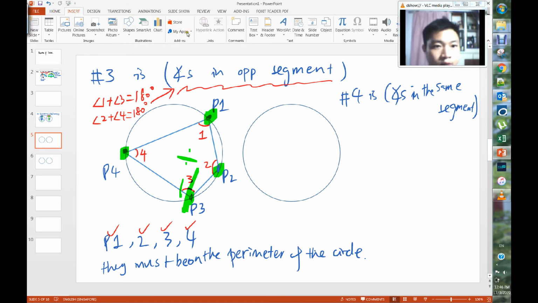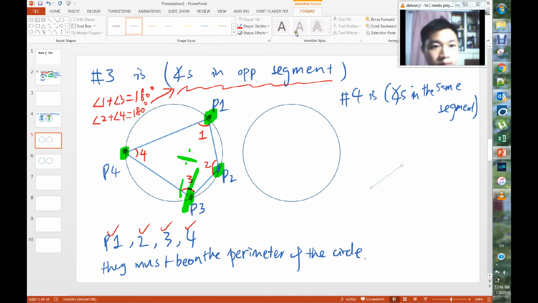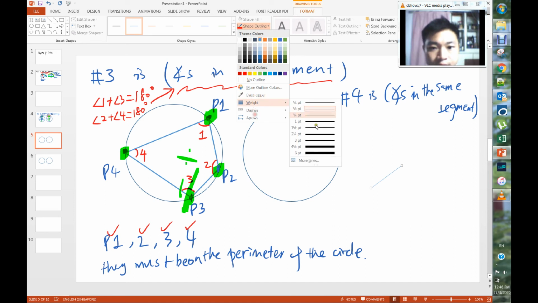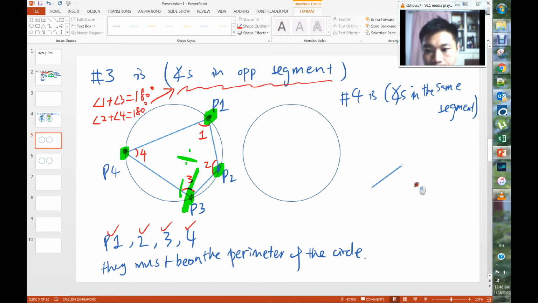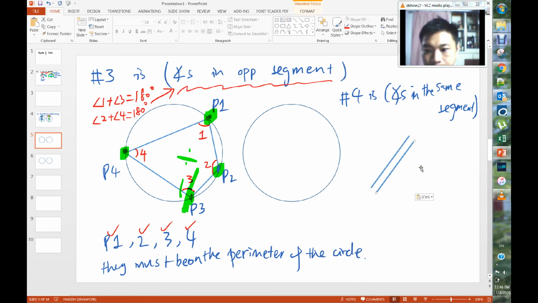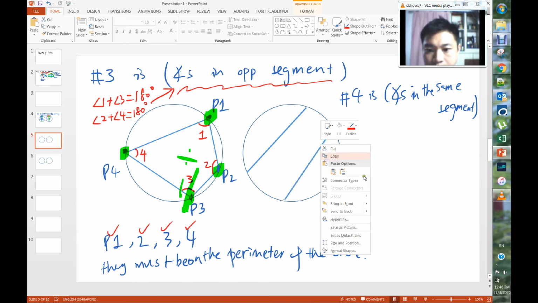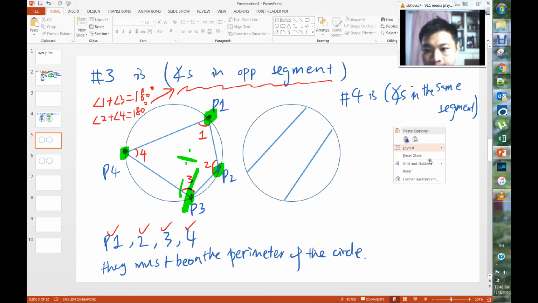So once again, let me give myself some straight lines. Okay, good. So let me make use of this circle. I need two more lines. Okay, great.